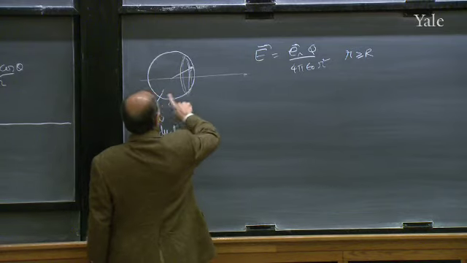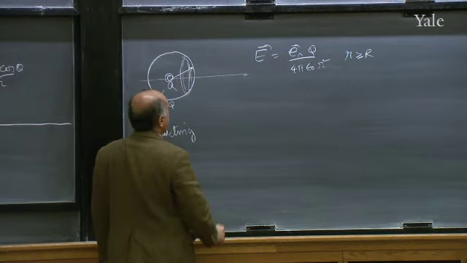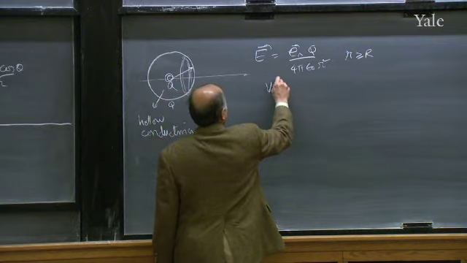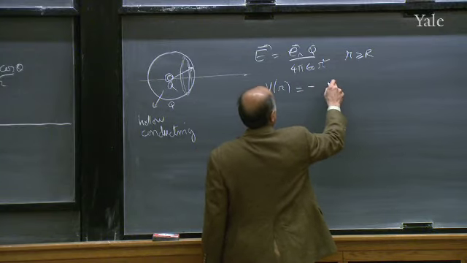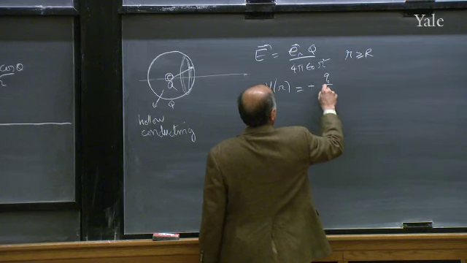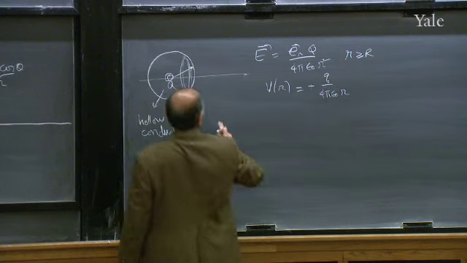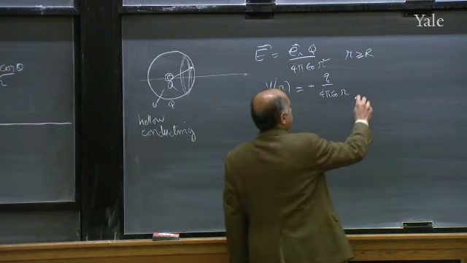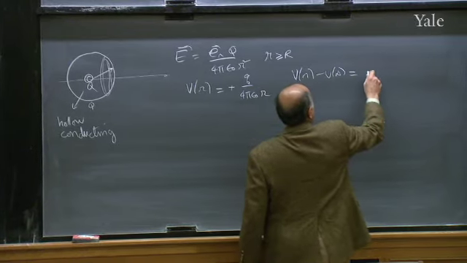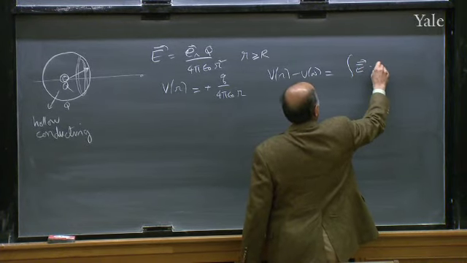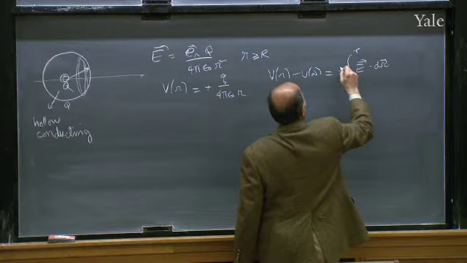So as long as you're outside the sphere, it's as if Q were sitting at the origin, and the potential V of r is Q over 4 pi epsilon 0 r outside that sphere, because remember, V of r minus V of infinity is equal to the integral of E dot dr from infinity to r, with the minus sign.